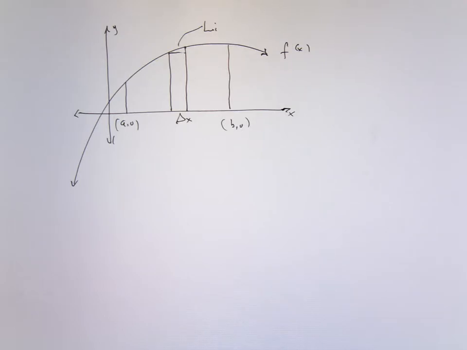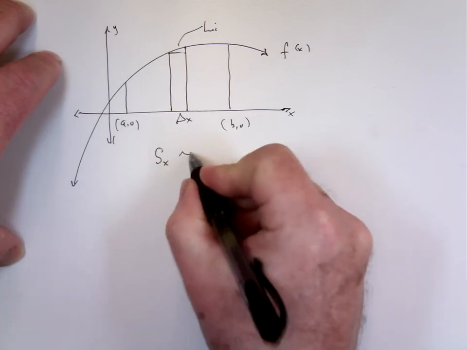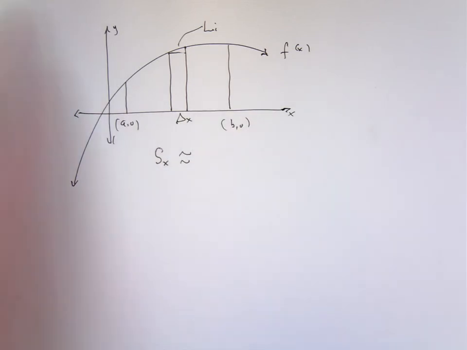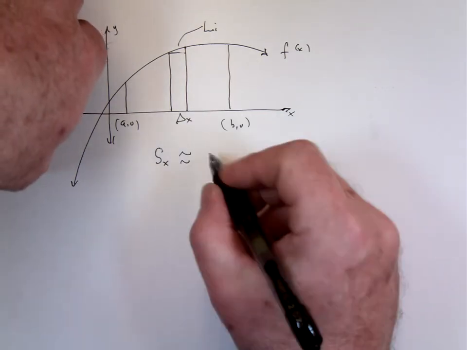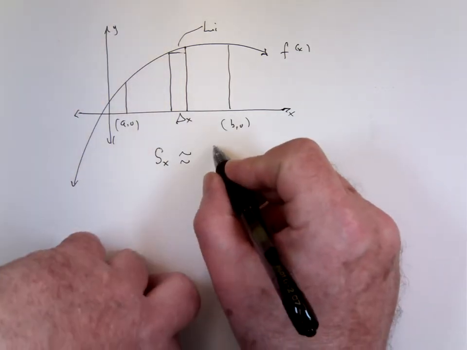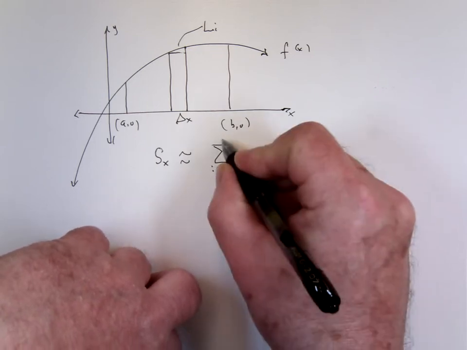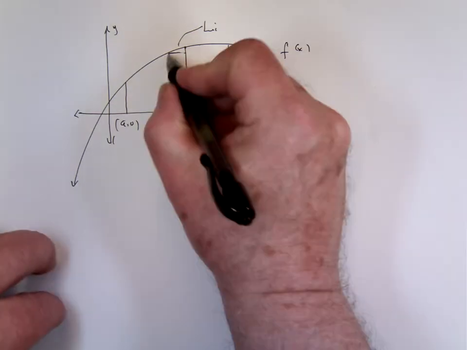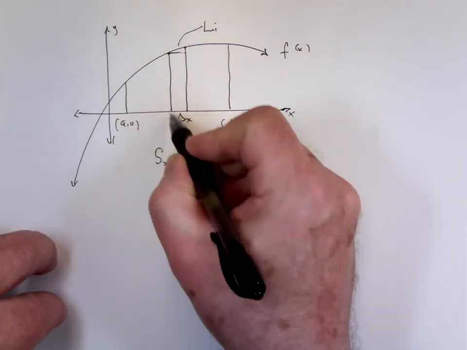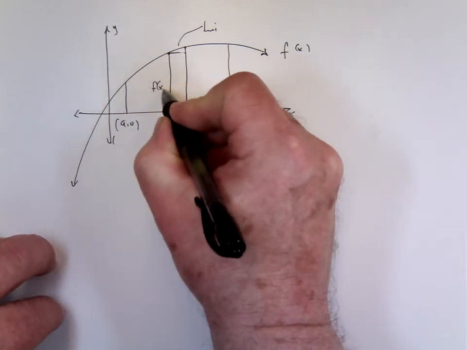So here's what we got. That surface area generated about the x-axis is going to be approximated by the sum of all these areas. We're going around the x-axis first; we'll do one around the y-axis as well. This height right here is our function, the radius, r.